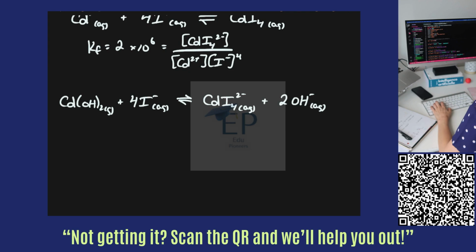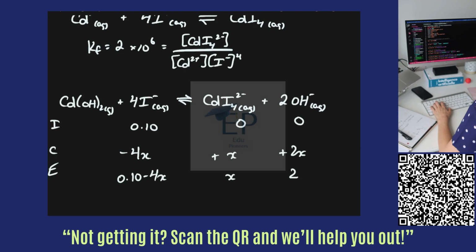We're told that we have 0.1 molar sodium iodide, so let's set up our ice table here. 0.10, 0, and 0, change of minus 4x, plus x, plus 2x. And here we would get 0.10 minus 4x, x, and 2x.